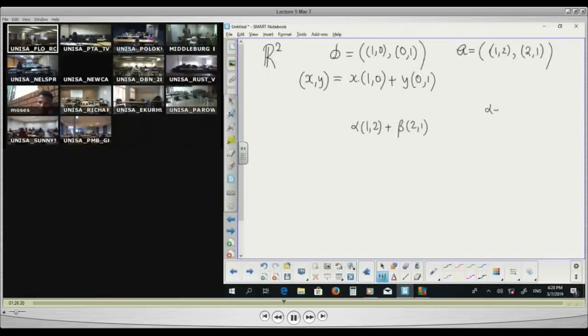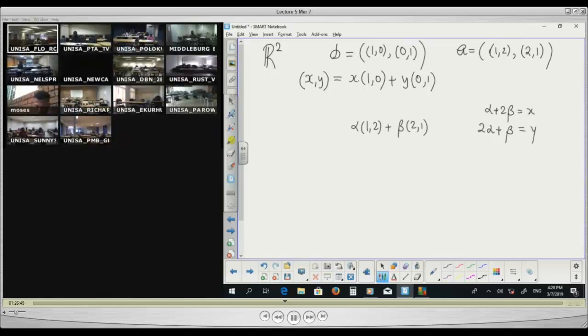So if I multiply this by 2, then x minus 2y is minus 3 alpha.